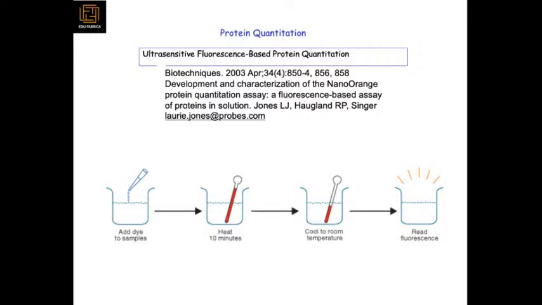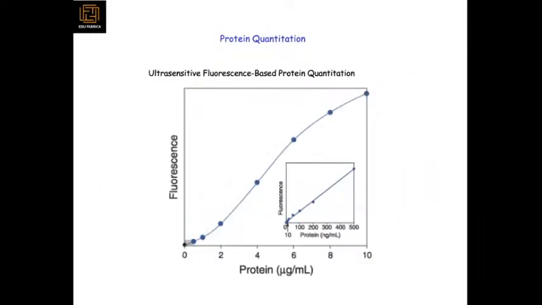So that was about the Bradford assay. Now comes ultrasensitive fluorescence-based protein quantitation. In this case, you can quantify your proteins by adding a dye to samples. You heat your sample for 10 minutes and cool it to room temperature, then there will be some fluorescence which you can check with the spectrophotometer.